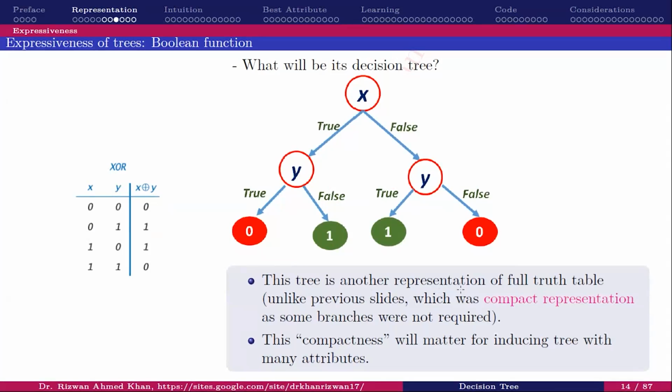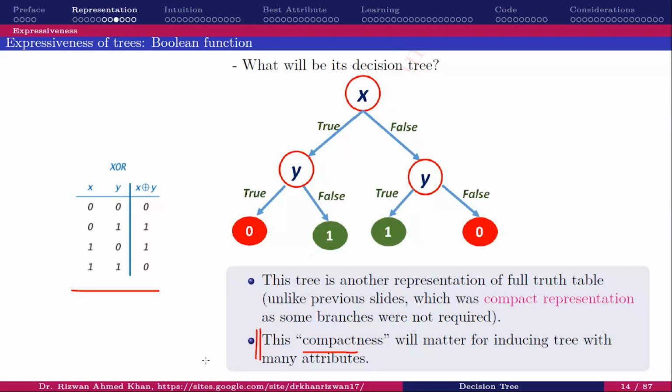So this tree is another representation of the full truth table. This is a complete truth table we represented, unlike AND or OR, which is a compact representation as some branches were not required. This compactness will matter for inducing trees with many attributes. Right now we are playing with only 2 attributes, but consider your feature vector dimension is 1000 or 2000.